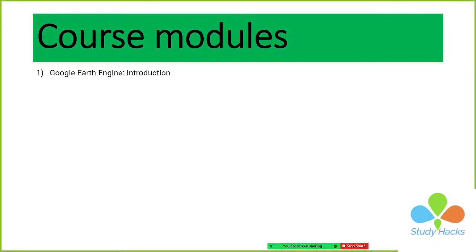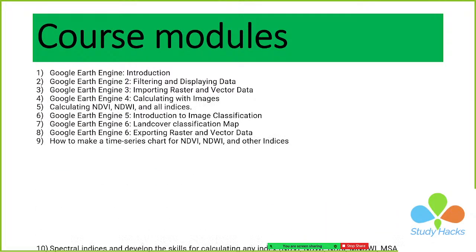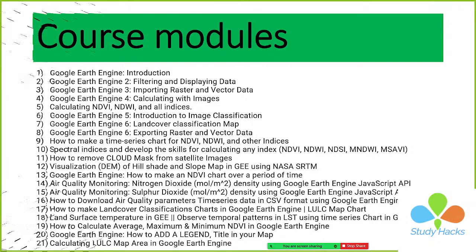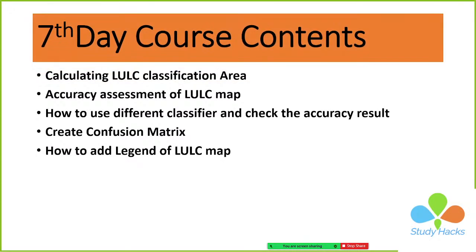I try to complete all of this step by step, so that you can easily understand everything. Today is our advanced course on Google Earth Engine for land cover classification. In the previous class we covered some part of land cover classification. This time I will focus more on the land cover classification map and how you can easily calculate the area for a big region.